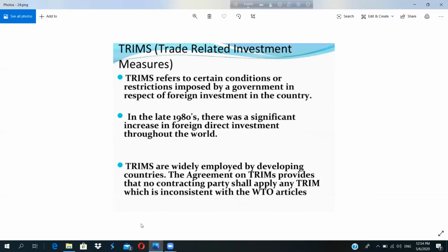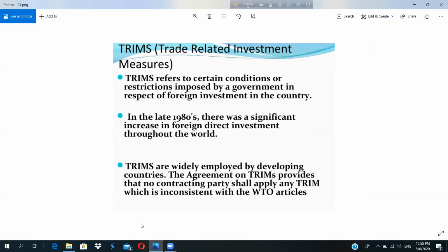Trade-related investment measures. Trade-related investment measures refers to certain conditions or restrictions imposed by the government in respect of foreign investment in the country. In the late 1980s, there was a significant increase in foreign direct investment throughout the world. So TRIMS are widely employed by developing countries.